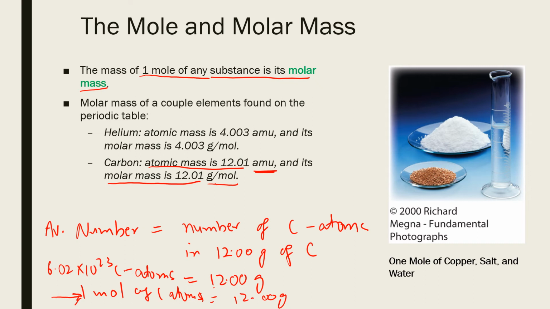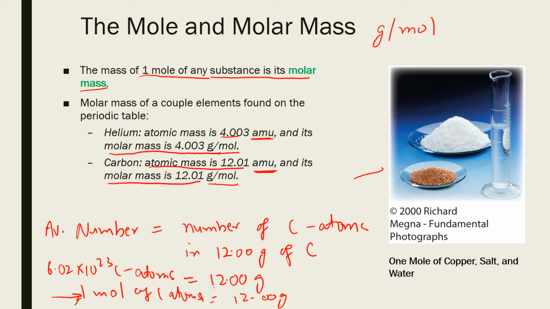For example, the molar mass of helium is 4.003 grams per mole. It is the same as its atomic mass, only the unit is different. So we can say that the molar mass of an element has the same numerical value as its atomic mass, but the units are grams per mole. The molar mass of any element can thus be found on the periodic table.